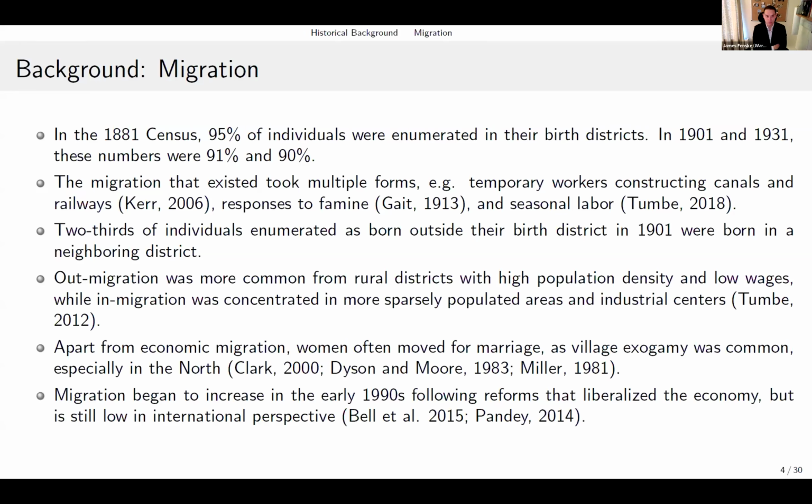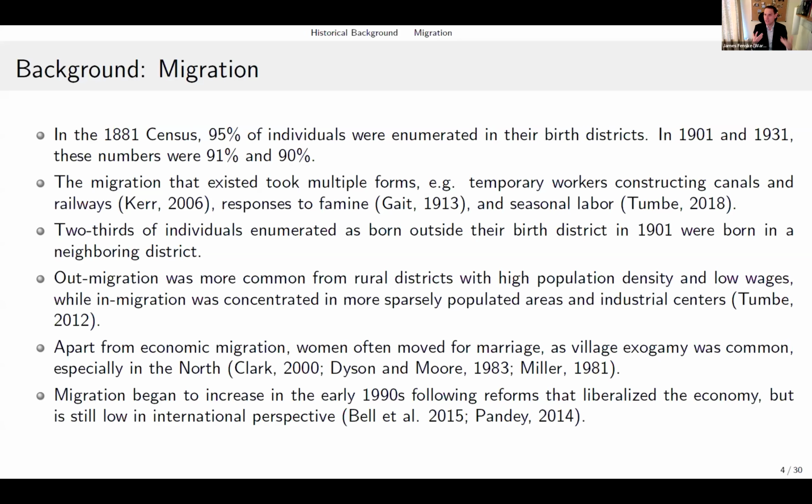That is, they hadn't moved. If you were to do the same thing in later colonial censuses going up to 1931, you'd find that, sure, mobility appears to have risen somewhat, but about 90% of Indians were still surveyed in their birth districts. Now, that's not to say Indians didn't move. That's just to say that per capita rates of migration were relatively low.